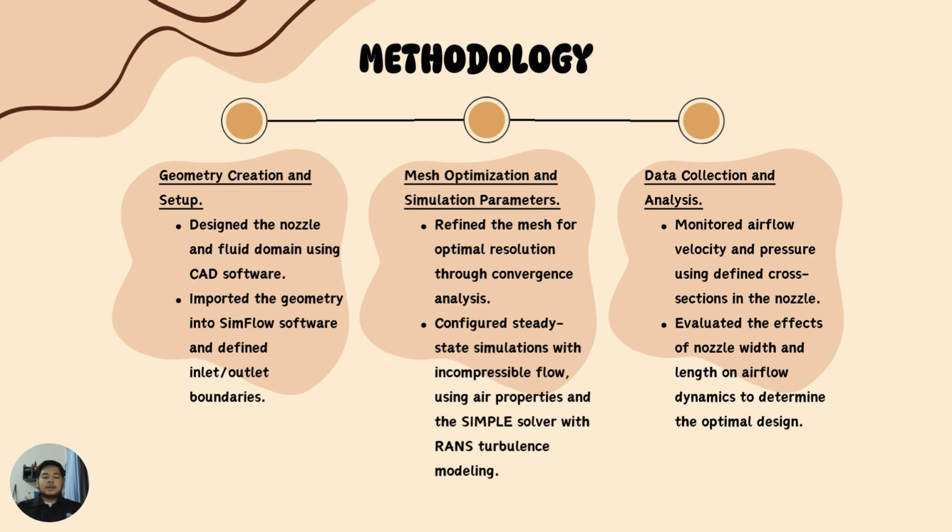Stage 3, data collection and analysis. Velocity and pressure data were collected across various cross-sections of the nozzle. The effects of different nozzle width and length on airflow dynamics were analyzed to determine the optimal design.